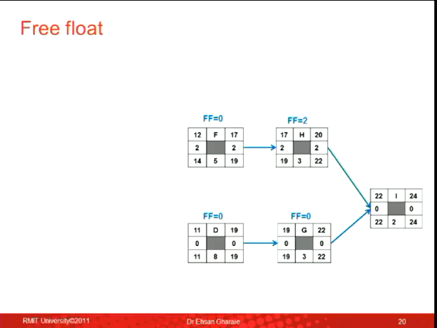Okay, so it depends. When you want to calculate that middle box there, you calculate it using the late finish and early finish. If the late finish changes, then that would change.